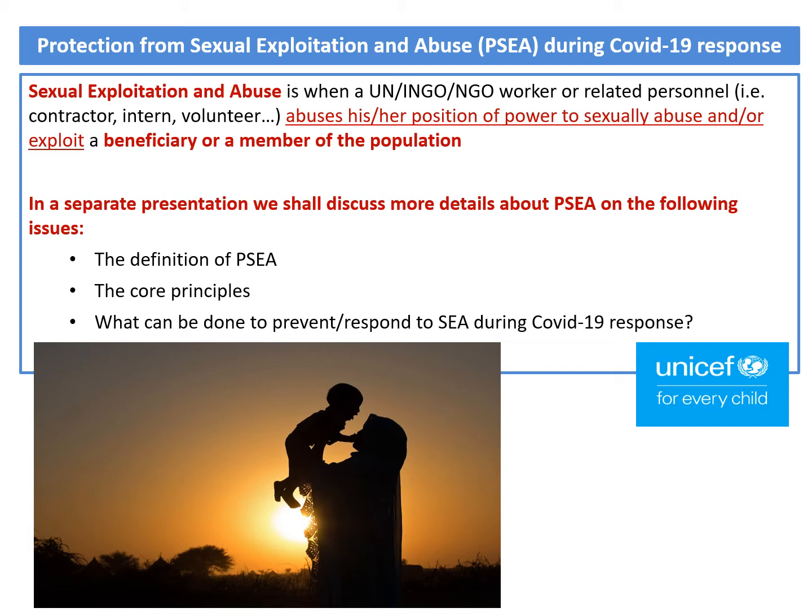But what is it? Sexual exploitation and abuse is when a UN, international NGO, or national NGO worker or related personnel abuses his or her position of power to sexually abuse and or exploit a beneficiary or a member of the population. This can happen currently because right now the communities require some support. So at times you might find that you are in this kind of scenario.